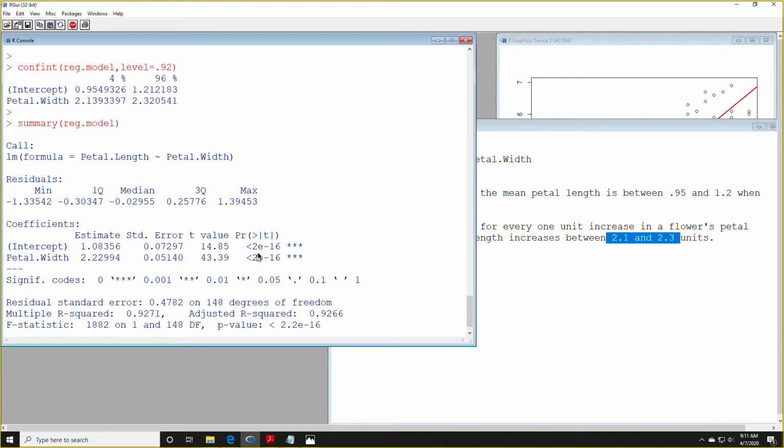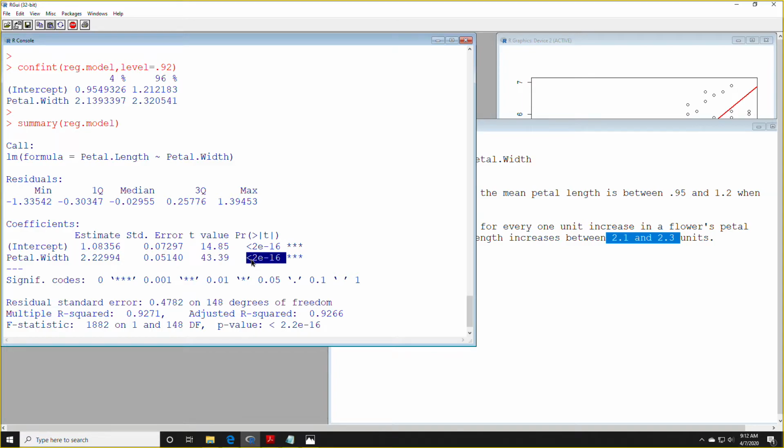Okay, and so we can see in both cases they're extremely small, meaning that we have evidence that beta naught is not equal to 0, and we have evidence that beta 1 is not equal to 0. Now, in general, testing whether the intercept is equal to 0 is usually not going to be of interest to us.